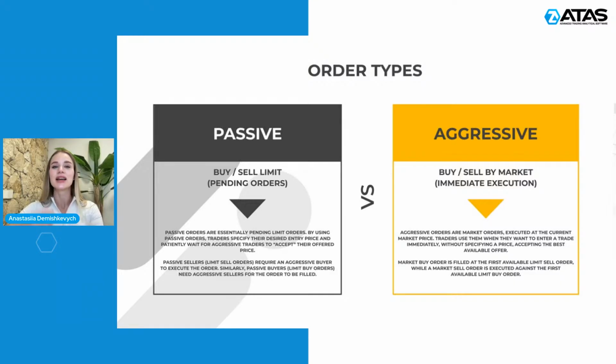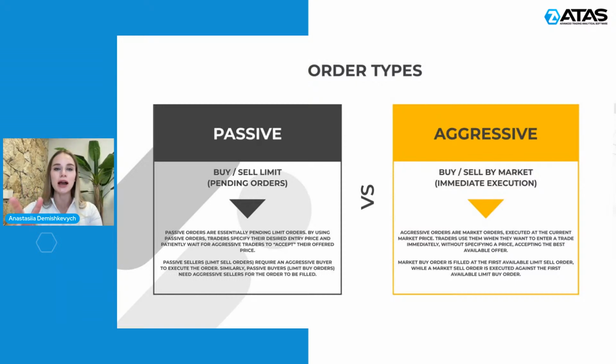So let me repeat it. The passive sellers who are using sell limit orders need the aggressive buyers, buying at market, to fill the order. Likewise, passive buyers, those who use a buy limit order to enter the market, are getting filled by the aggressive sellers, selling at market.